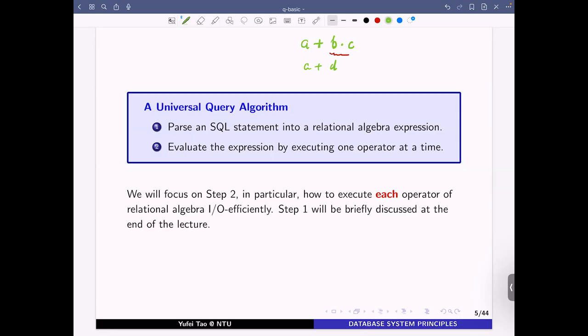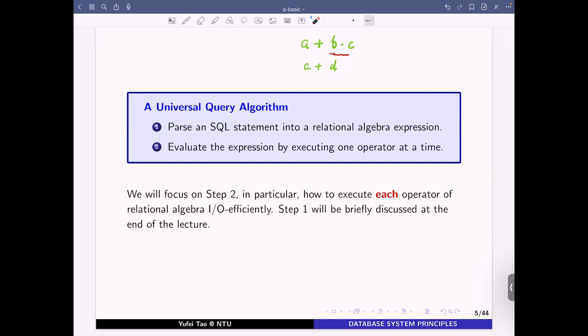Well, in this course, we're going to focus on the second step. The first step is not trivial. However, it is not particularly difficult. You can imagine, computer scientists are pretty good at compiling stuff.